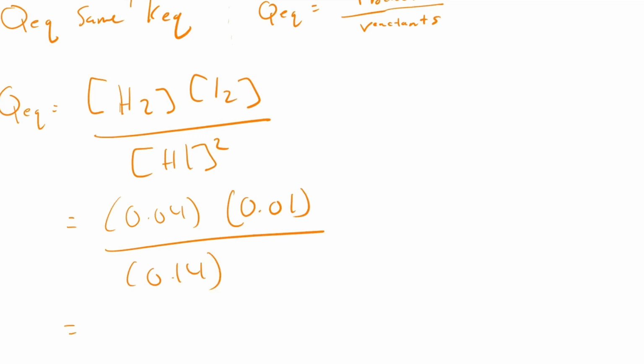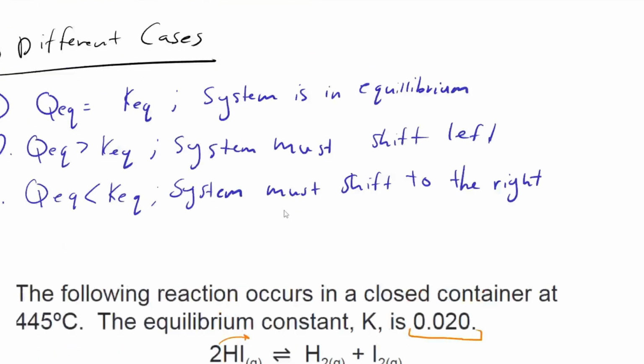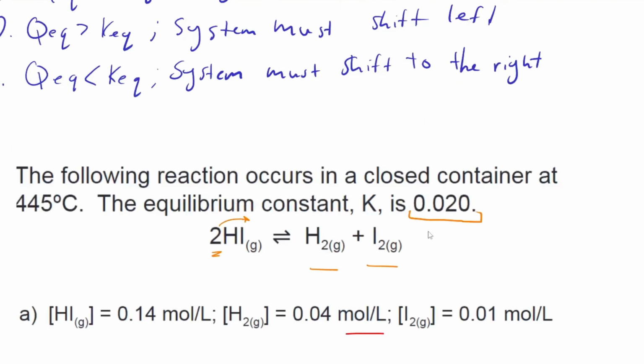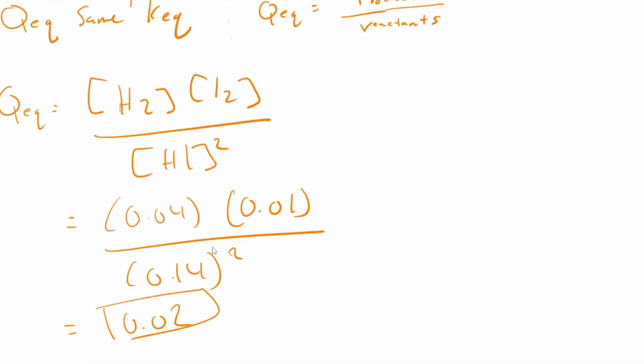At the end, if we do our calculations, it would be 0.02. And if we look up here, we see that the equilibrium constant they give us is 0.02. Therefore, since my Q is equal to my K_eq, my system is in equilibrium.